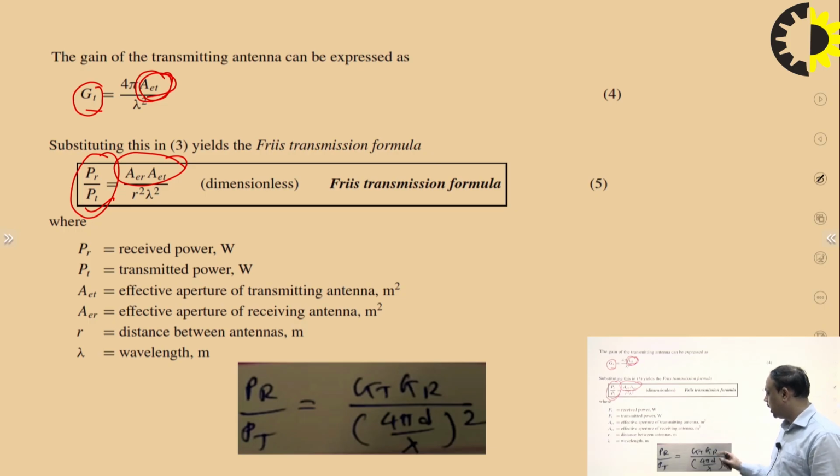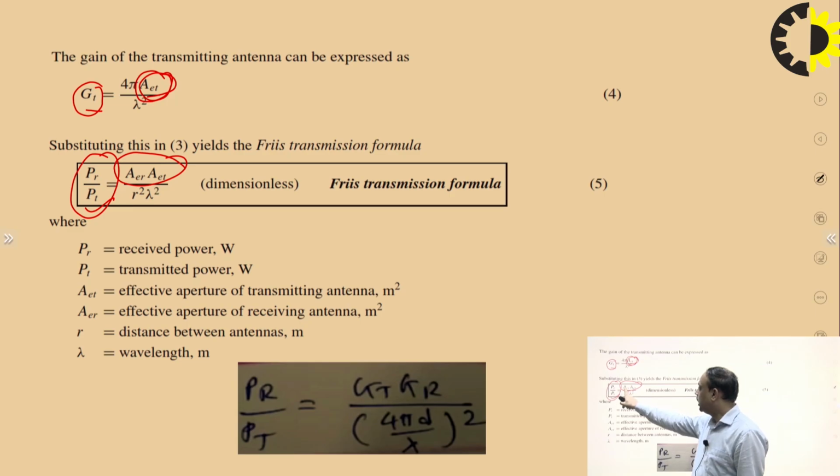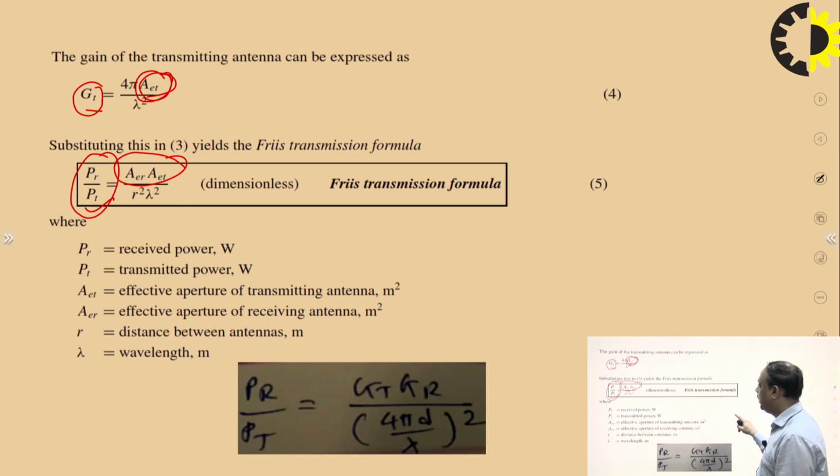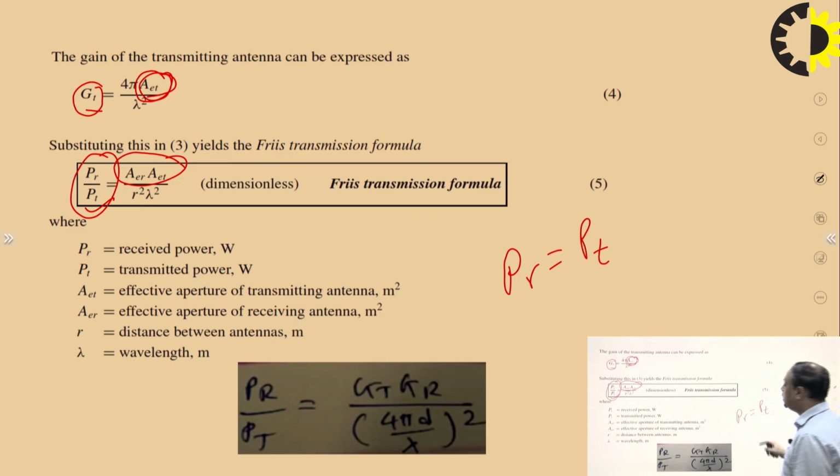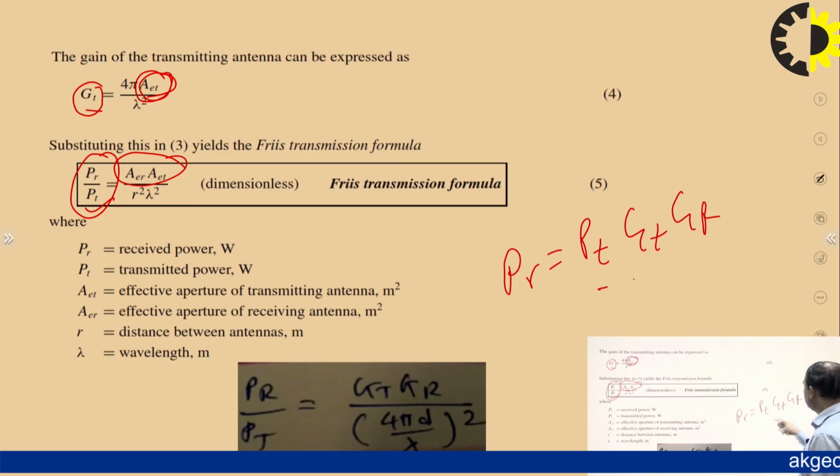Now we can also calculate this power ratio in terms of the gain of the antennas and the operating wavelength. If we put the value of AET as GT lambda square upon 4 pi and AER equal to GR lambda square upon 4 pi, and adjust, we get PR equal to PT GT GR upon 4 pi R by lambda whole square.